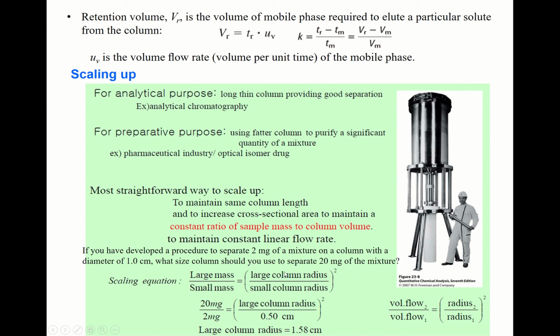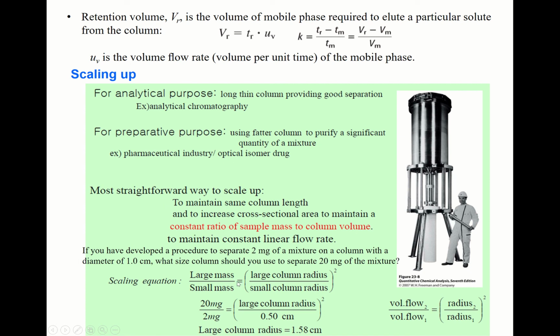But if you increase the column size, one run is enough, and let's calculate. Here is a scaling equation: large mass divided by small mass is the large column radius divided by the small column radius, squared. Why?